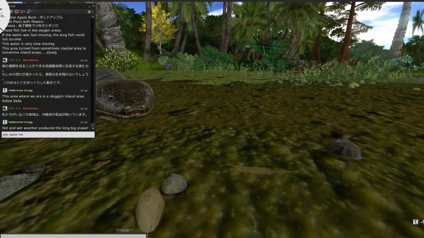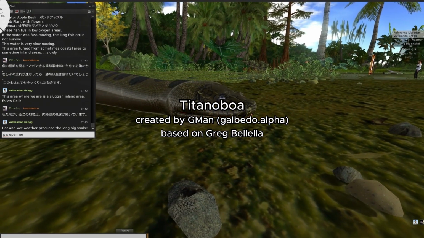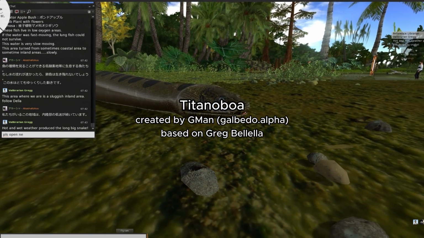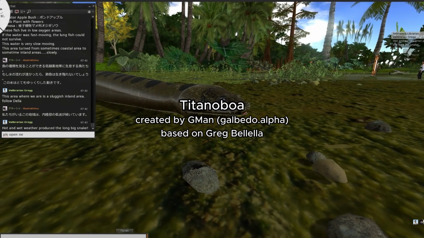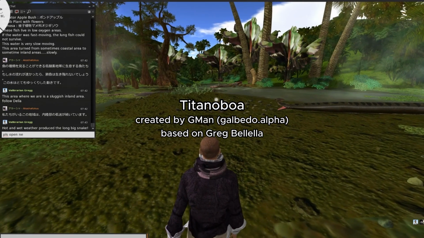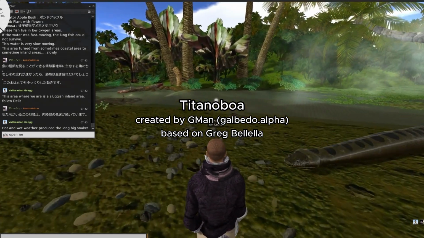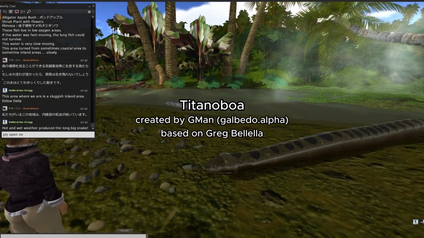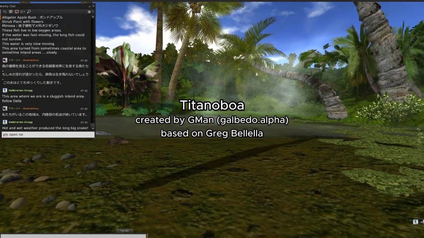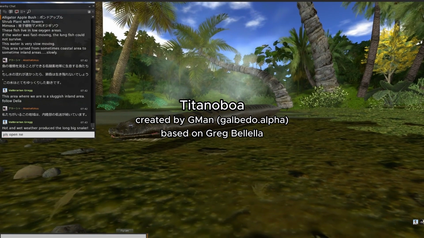So I want to talk now a little bit about this Titanoboa. This is made to Second Life scale, but if you notice, you look at it, it does not look in shape like today's anaconda exactly. The head is a little bit different, and the tail end is quite different.